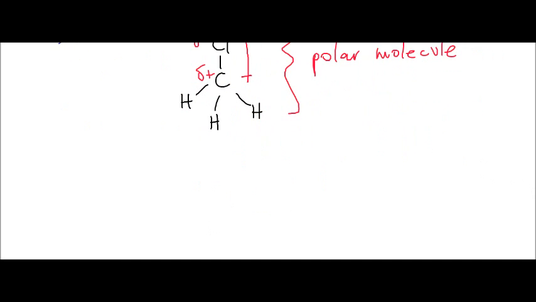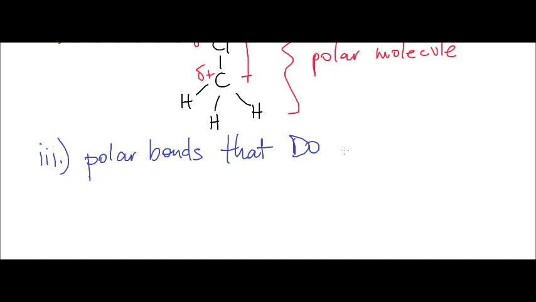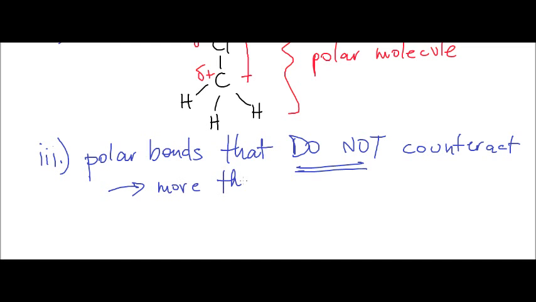And our third point, really a two-parter: if a molecule contains polar bonds that do not counteract one another, so they don't go in opposite directions, this is if you've got more than one polar bond, two or three, like I showed you before.